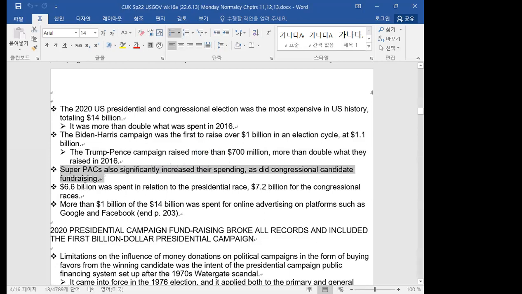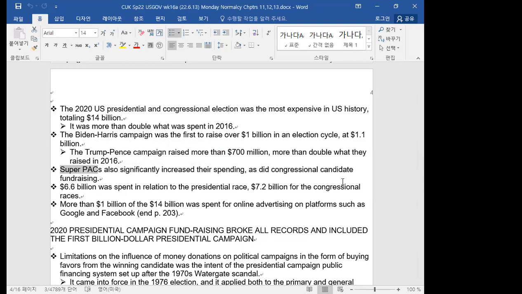So you read about this in the reading, right? A super PAC, according to U.S. election law, as determined by the U.S. Supreme Court, is an organization that can take unlimited campaign donations. They cannot formally coordinate their activity as a super PAC with the political campaign of any candidate for office.